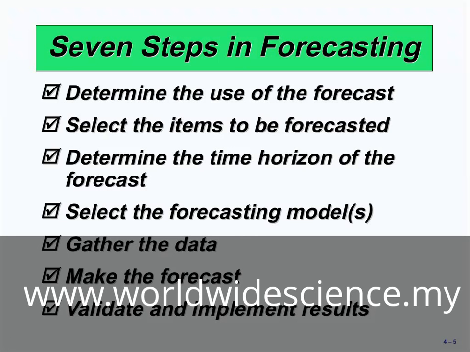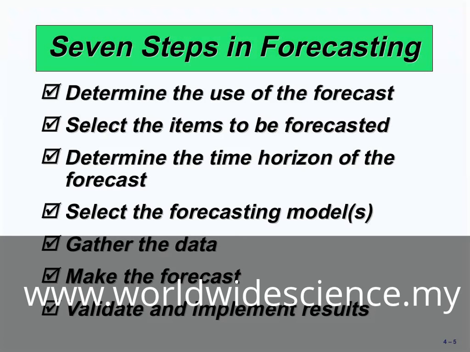You want to forecast for short range, for example, 3 months later, 5 months later, 1 month later, next year, and something like this. The fourth step is select the forecasting model that we will discuss together now.